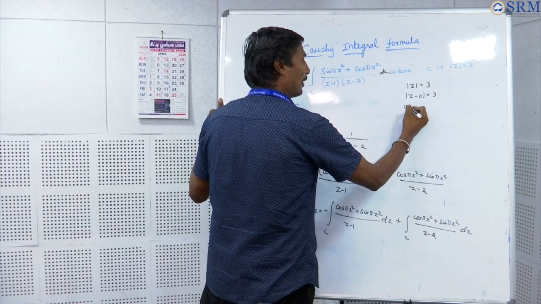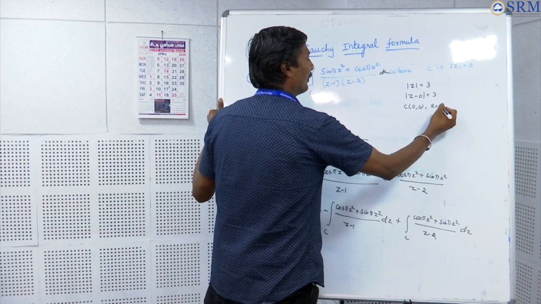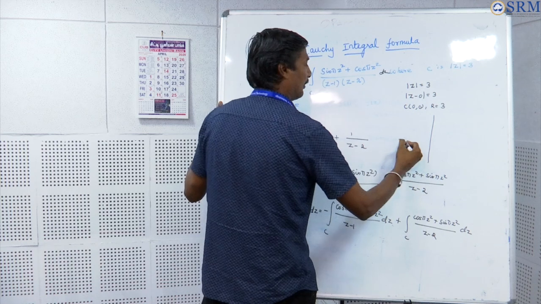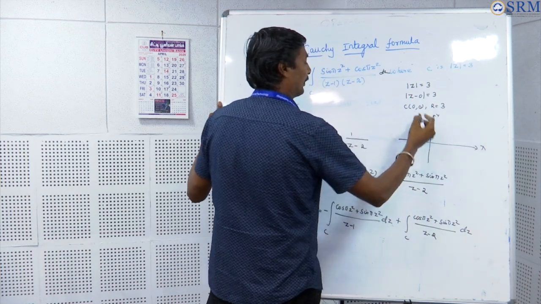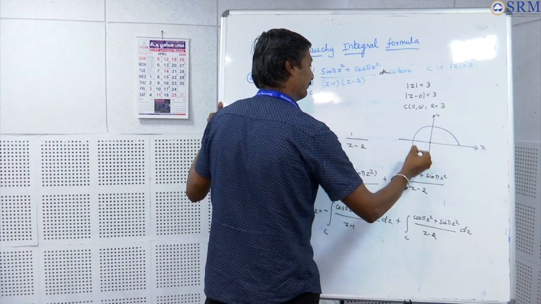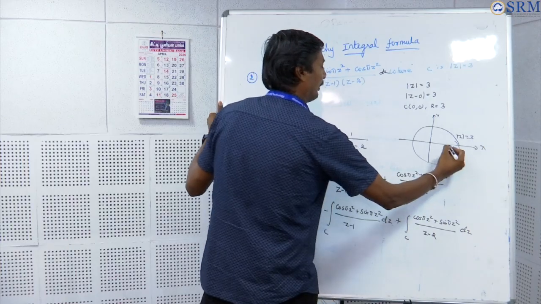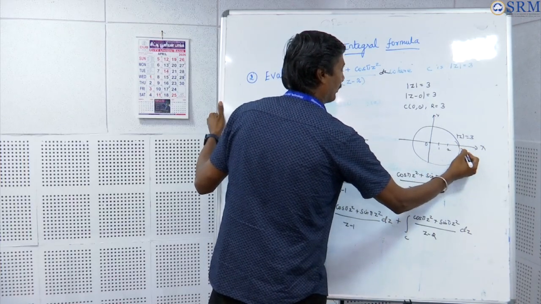So the center point is (0, 0) and radius equal to 3. So you want to draw the circle. This is the x-axis, this is the y-axis, center point is (0, 0) and radius 3. This is called modulus of z equal to 3. 0, 1, 2 and 3.